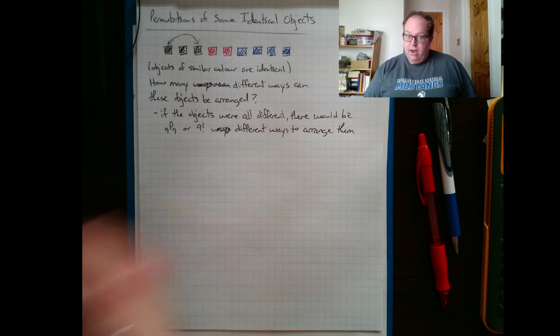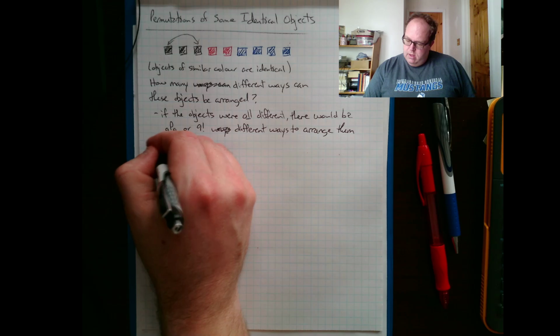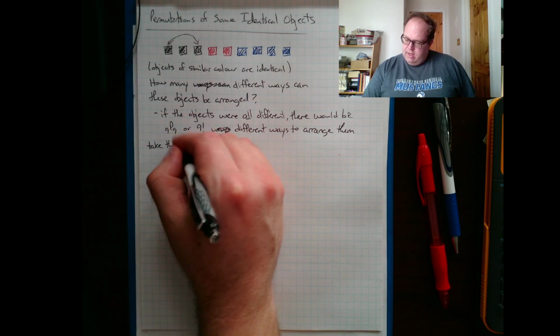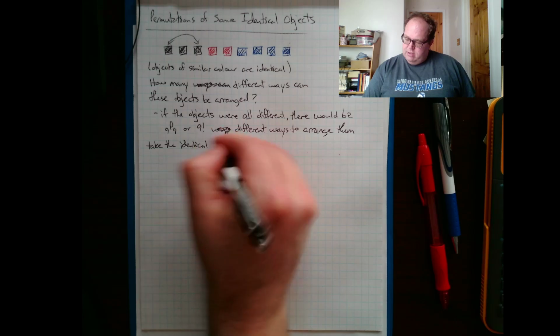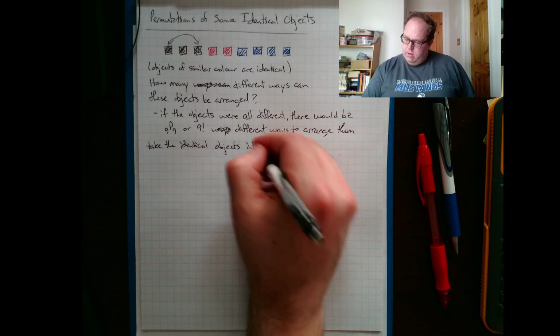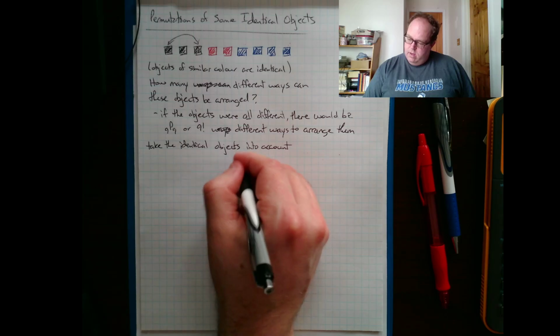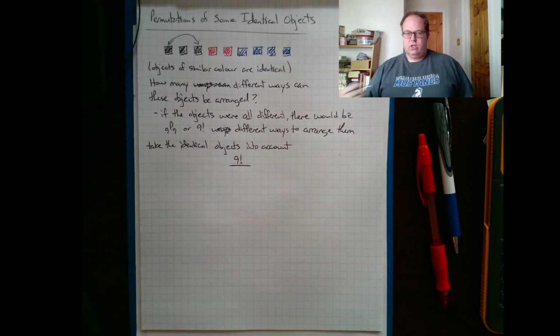So, how can we take that into account? Take the identical objects into account. So 9 factorial is the total different ways to arrange these 9 objects, some of which are different and some aren't.